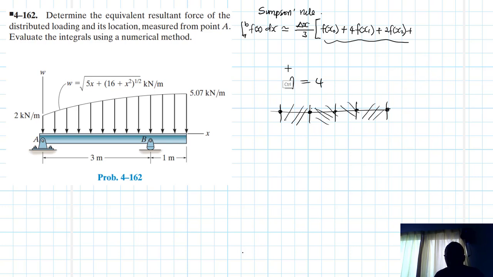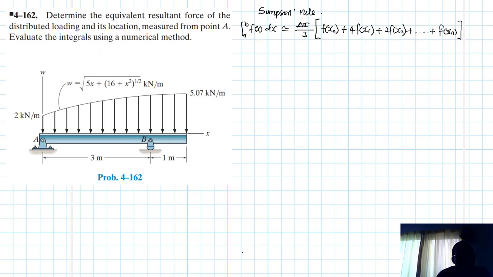The first one has no coefficient, the one that follows has a 4, then the third one a 2, and this keeps on repeating, and then the last one will have no coefficient again. I'll just write it as f of xn, like so. So this is our formula that we are going to use.